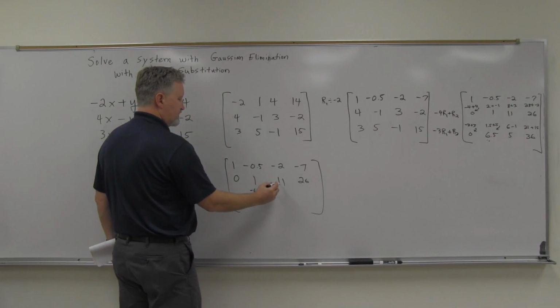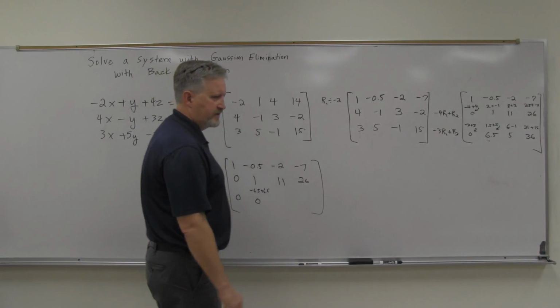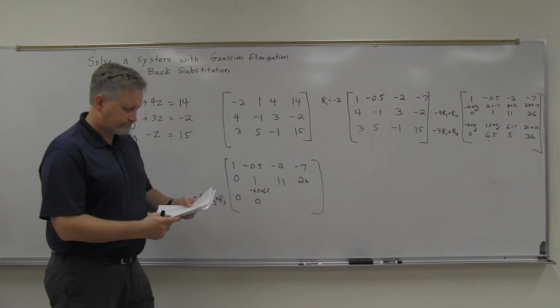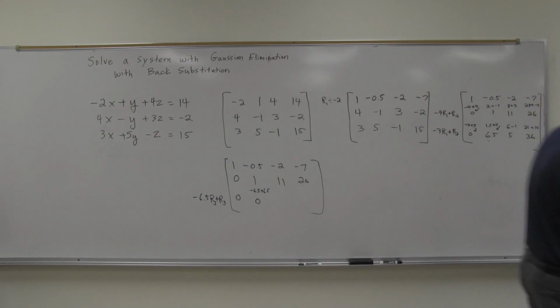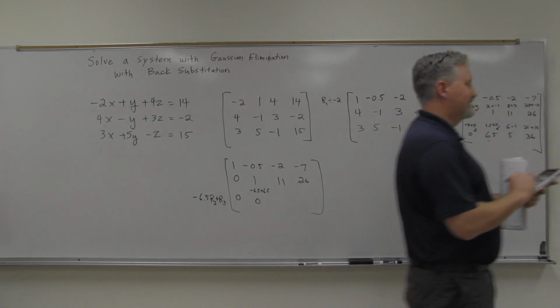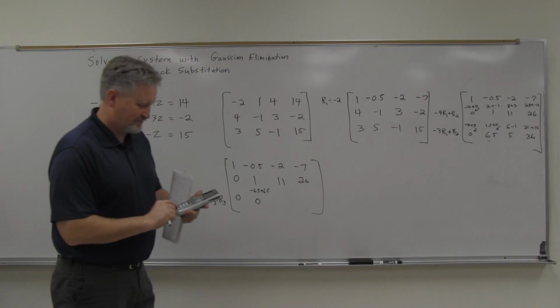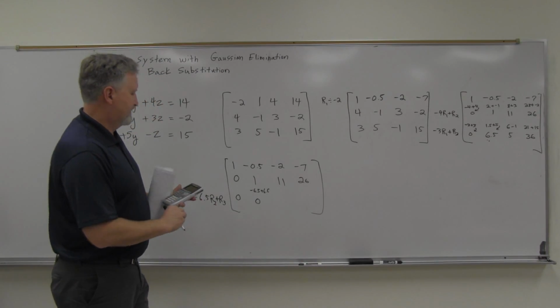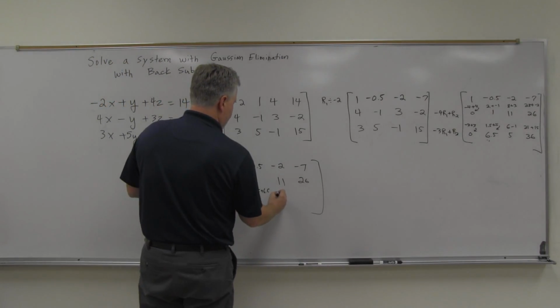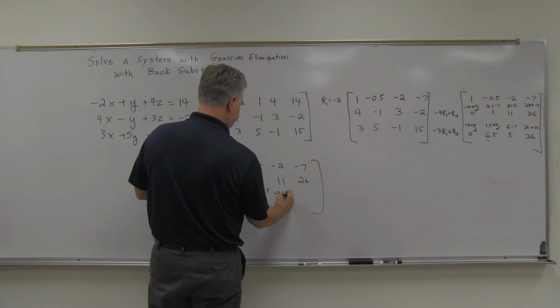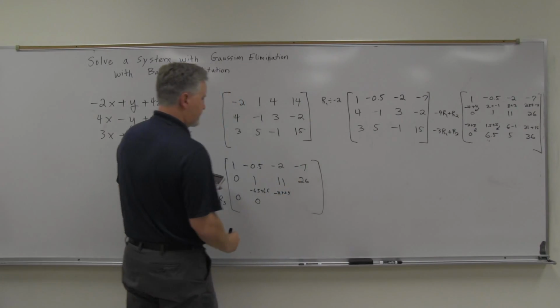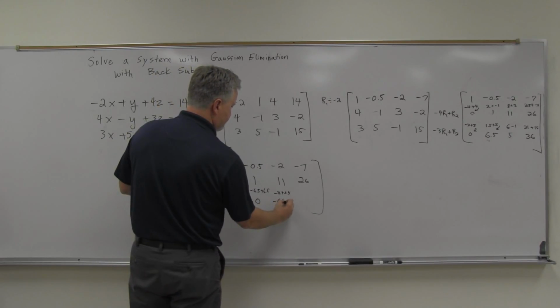Let's see. Negative 6.5 times 11. What is that? That's something. Negative 6.5 times 11. It's negative 71.5. And add that to 5. It's negative 66.5.